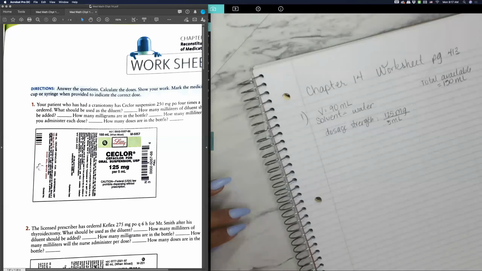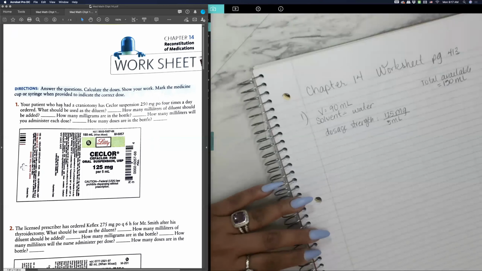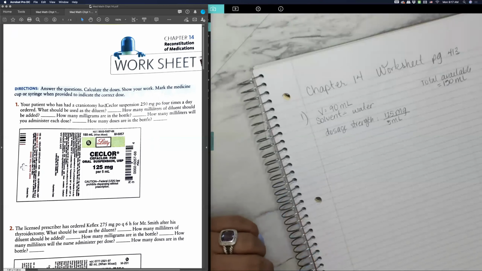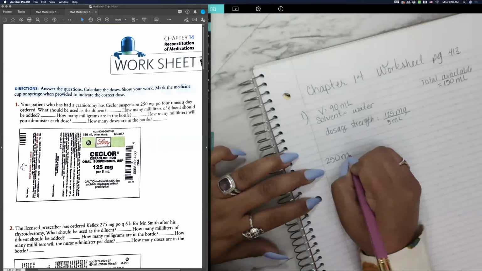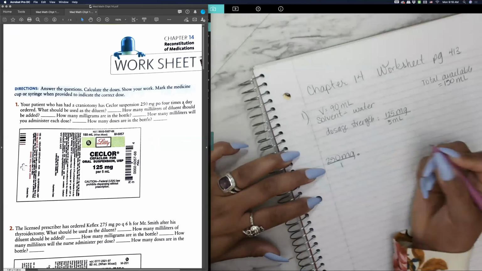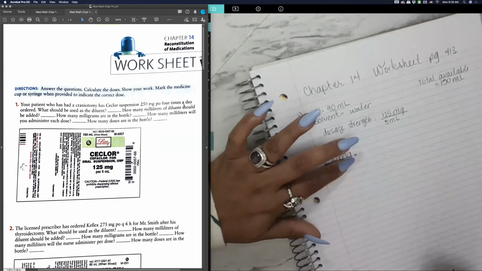So now let's look at the questions that we're being asked. Your patient has had a craniotomy and is prescribed C-chlor suspension 250 milligrams PO 4 times a day. So the order is 250 milligrams. We are still doing the same thing: doctor's order multiplied by dosage strength.